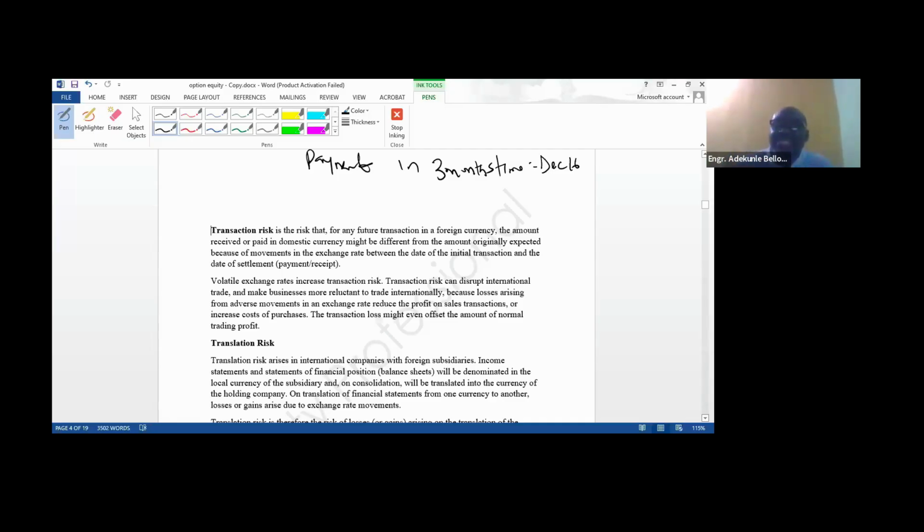You are aware that the dollar amount is 50 million, but you in Nigeria, your currency is naira. Now the question is, how many naira do you require to be able to buy $50 million in 3 months' time? You are not sure. Assuming you are paying today, you can determine the naira amount needed to buy $50 million. But you are going to pay in 3 months.